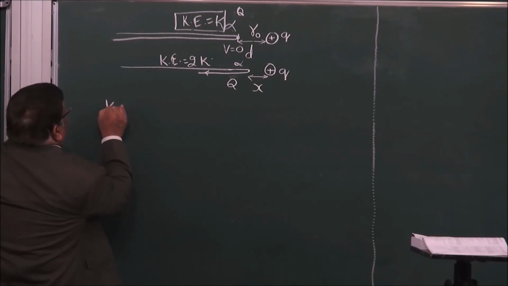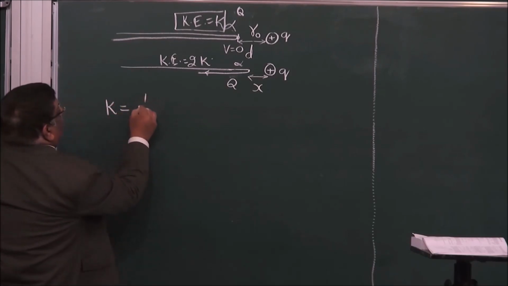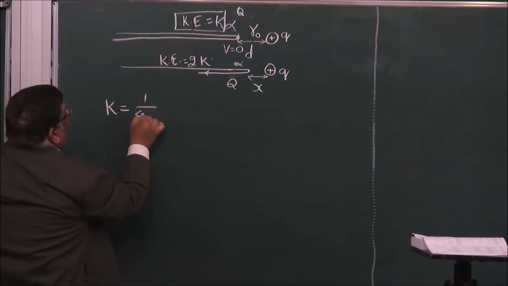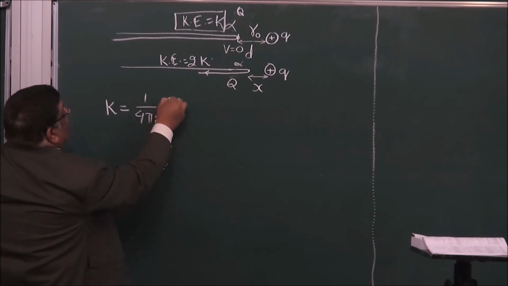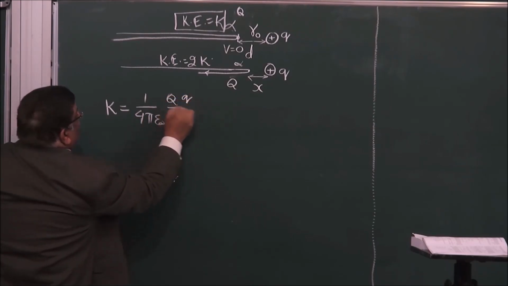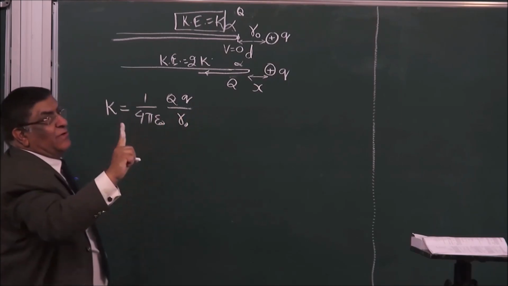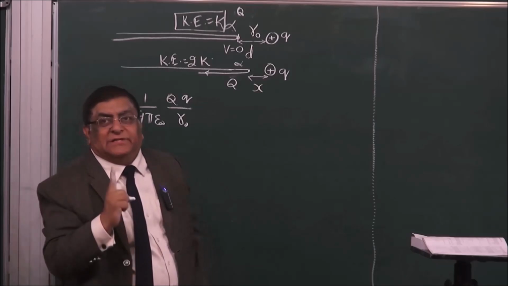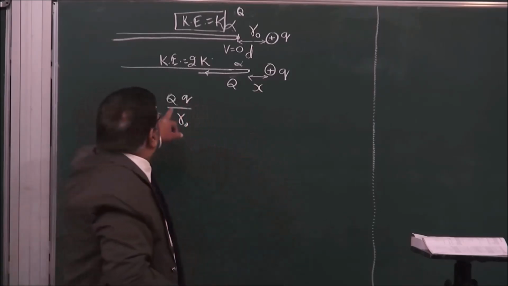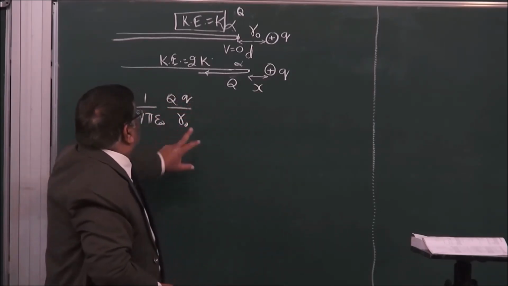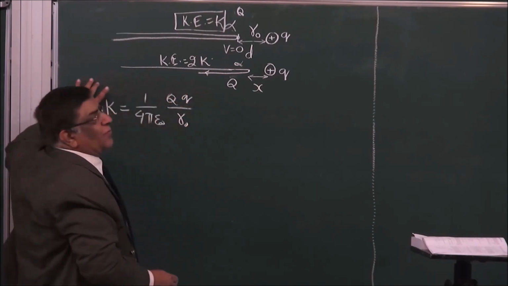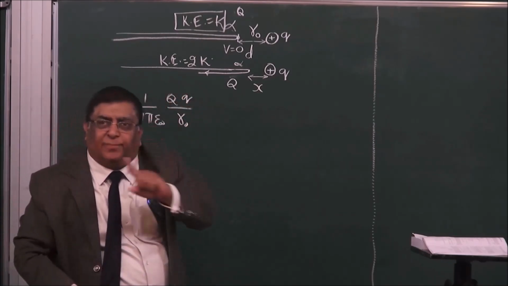Potential energy K is equal to 1 upon 4 pi epsilon naught, charge 1 multiplied by charge 2 upon distance. Not square, only power 1. You remember? This is potential energy, Q upon R0.